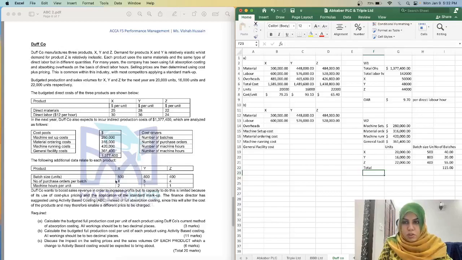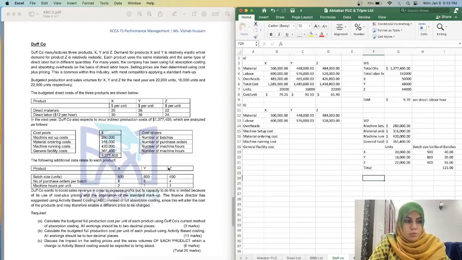Number of purchase orders are given, 454. Number of machine hours are already given to you. Machine hours per unit are given. Simply need to multiply that by the amount of units and you'll get the total machine hours, right? So I hope this is clear. I hope this does not bring any confusion so far.